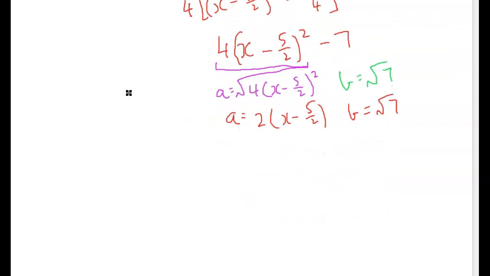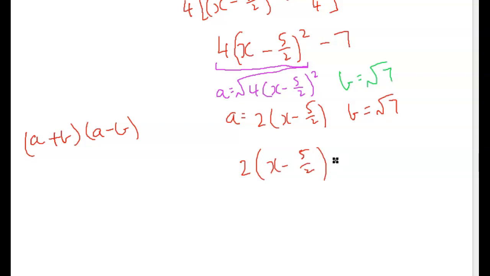Now remember your difference of perfect squares, once you've identified A and B, it's just A plus B, A minus B. So we've got A, which is 2x minus 5 on 2, and then we've got a plus root 7. And I should have probably left a bit more space.